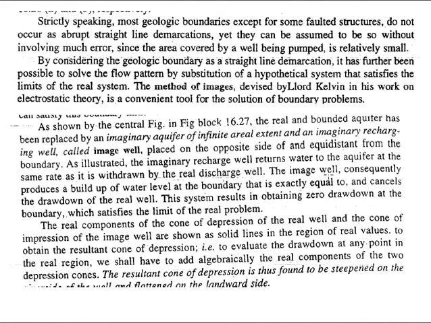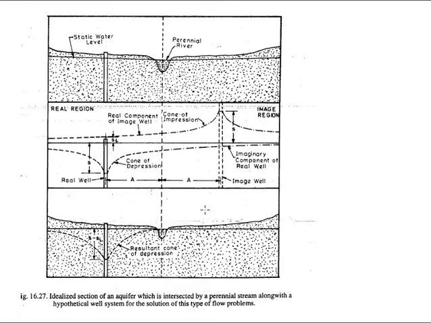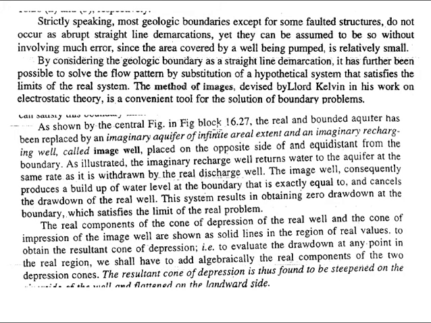In this case, this is the imaginary well, that is, the image well. What is given here is that the real and bounded aquifer has been replaced by an imaginary aquifer, which is purely imaginary and doesn't exist, of infinite areal extent, though it is not actually possible to have an infinite areal extent due to the presence of the faults, and an imaginary recharging well that is called the image well.